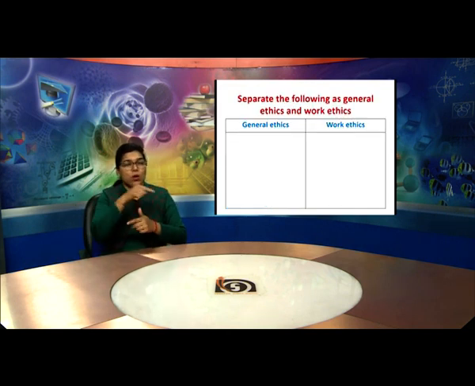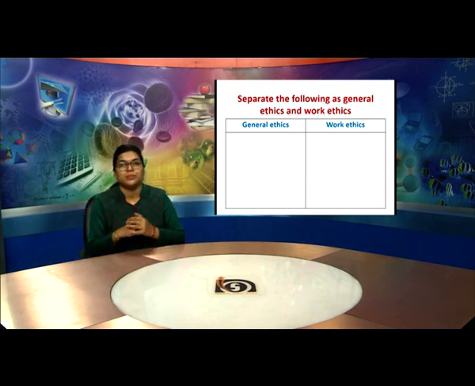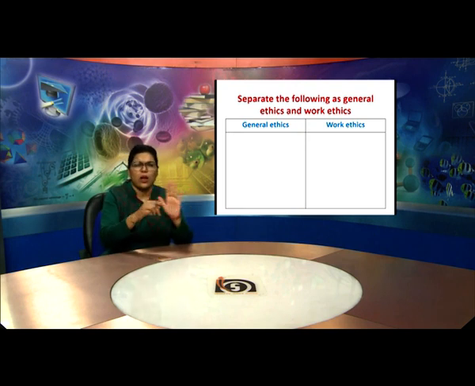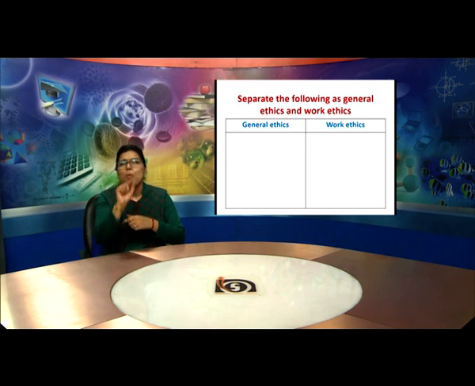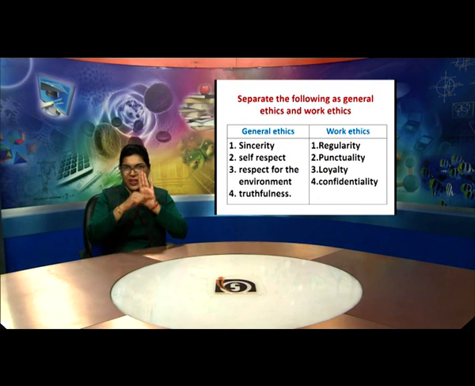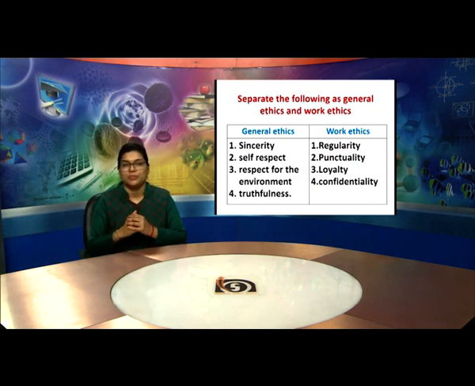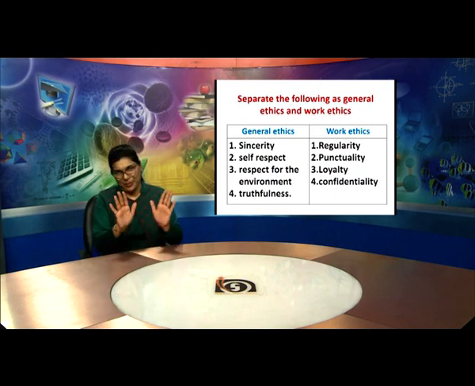So far we have understood the lesson. So we have to understand general ethics and work ethics. You can see on screen, there are some general ethics shown on the slide. For example, sincerity, self-respect: we should be respectful to self and others.